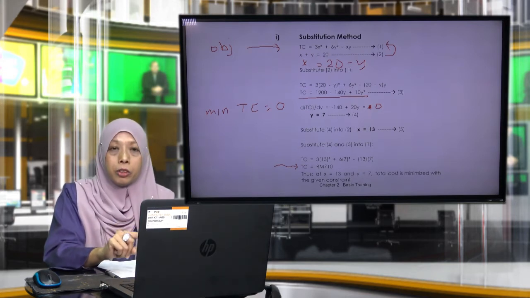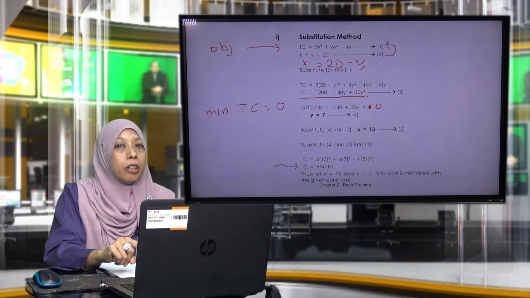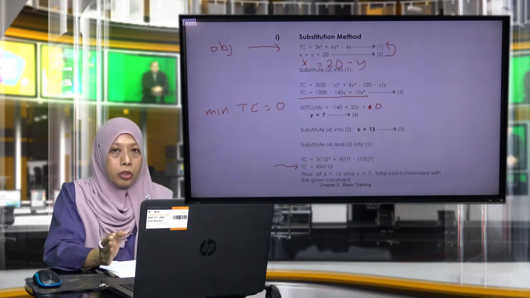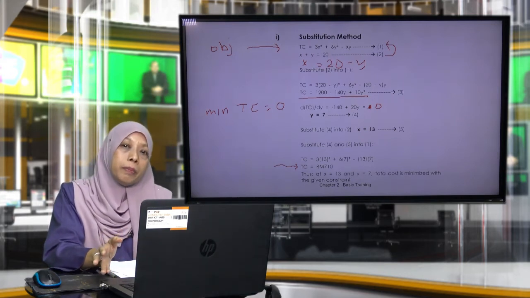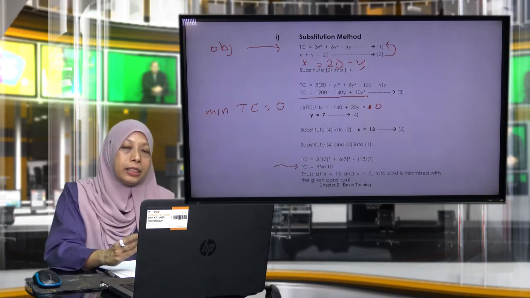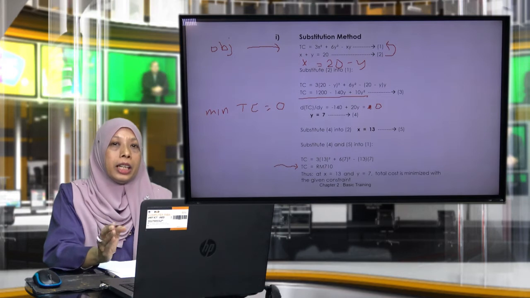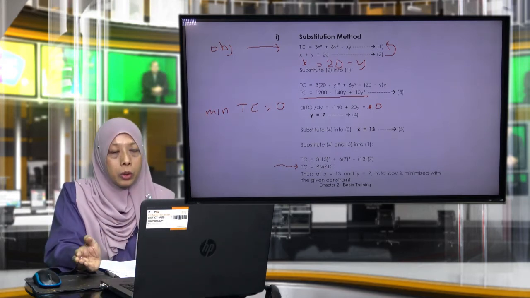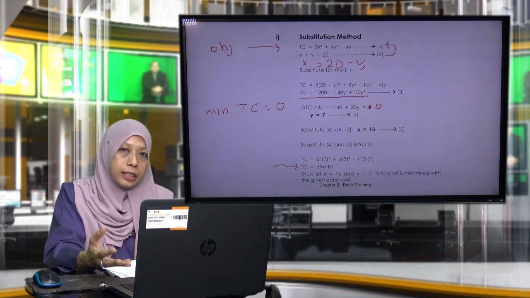I have also introduced you to the concept of optimization, which is the most important concept in this course. Always remember, whenever you want to optimize a function, in other words maximize or minimize a function, you have to differentiate the function once and set it equal to 0. I have shown you several examples.